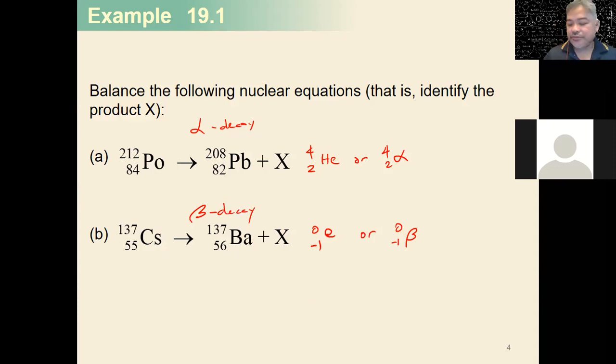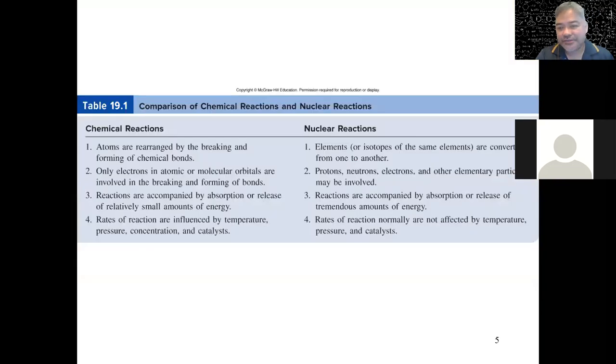Now the question, what's the main difference between a nuclear reaction and a chemical reaction? So this table summarizes the main difference between the two. As I've mentioned, if you're dealing with a chemical reaction, you have the same element. So what happened?